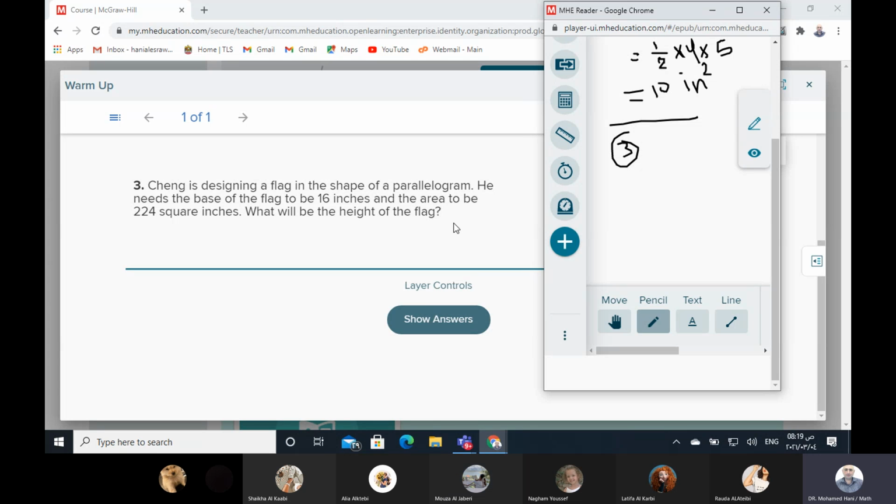Okay, thank you, Moza. The first question, what is the type of the flag? Is it a rectangle or a square or a triangle? Who can tell me? Rectangle. Rectangle. So I have the base and I have the area and I want to find the height. How? We do 224 divided by 16. 224 divided by 16.